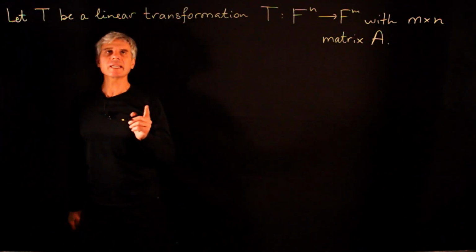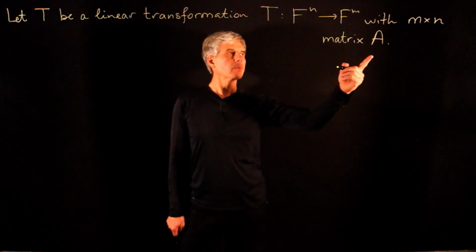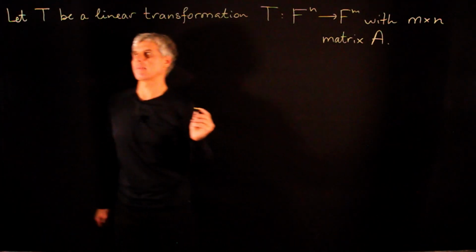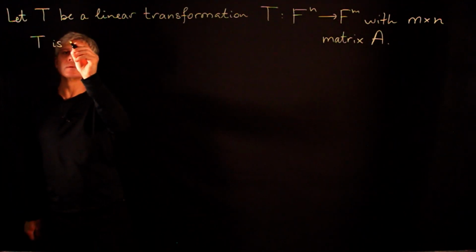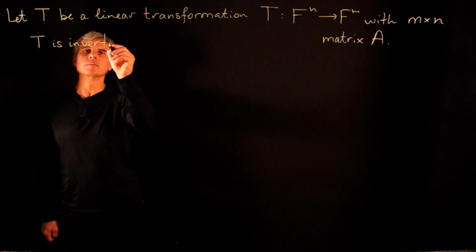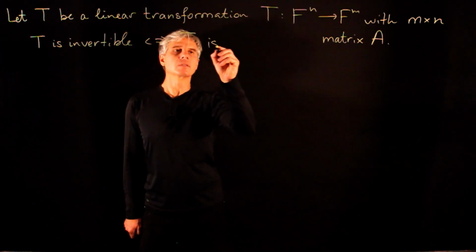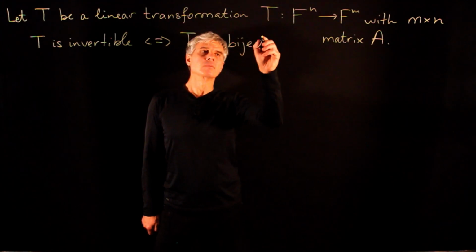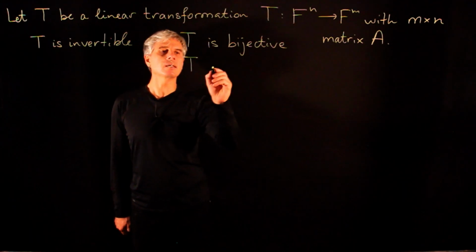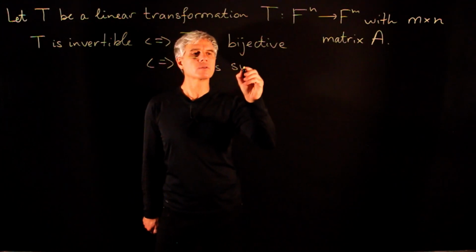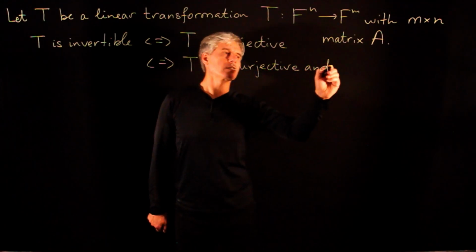So what we would like to understand is how invertibility of T is connected with the properties of matrix A. So we know that T is invertible if and only if T is bijective, which means that T is surjective and injective.